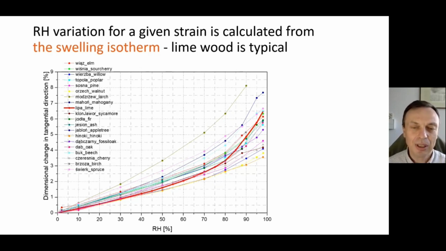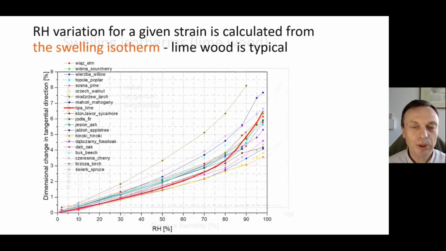We selected limewood as it is quite typical in terms of maximum sorption, although it is also expanding a lot, and above 50% its expansion coefficients are higher than other types of wood.